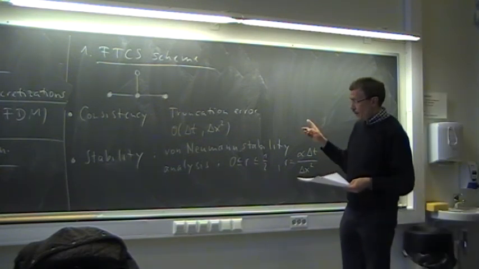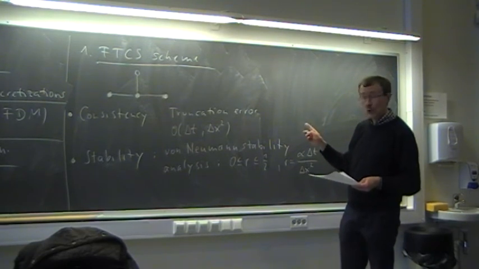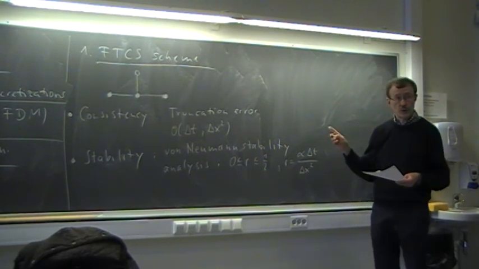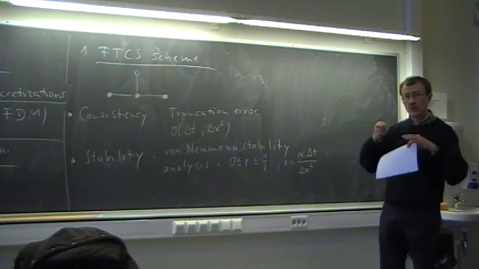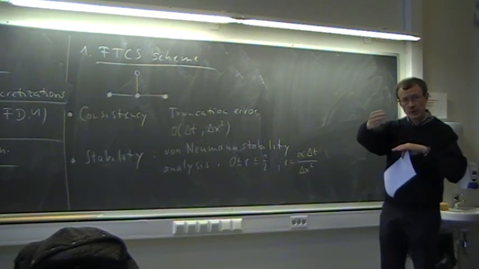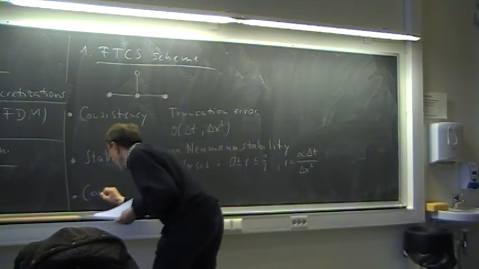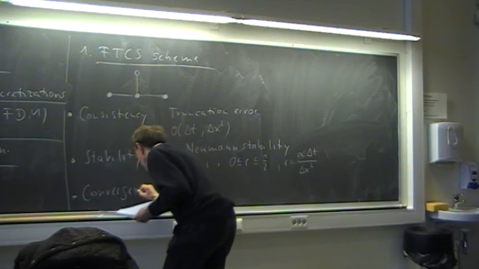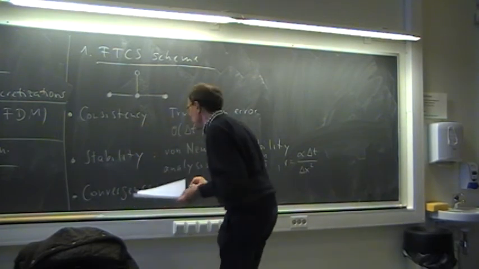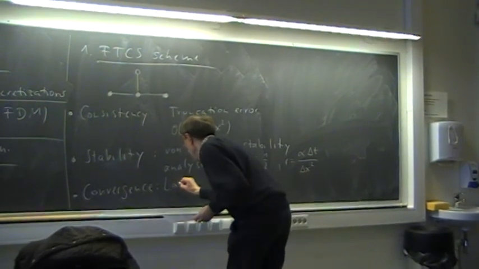And the conclusion that we need in the end is convergence. Convergence means that the numerical solution converges to the exact solution of the PDE. And there our tool is simply the Lax equivalence theorem.